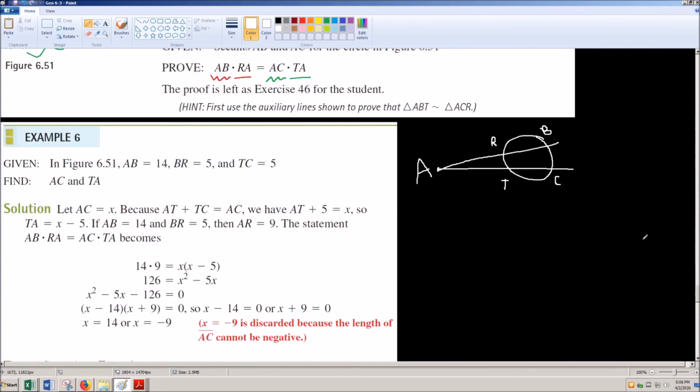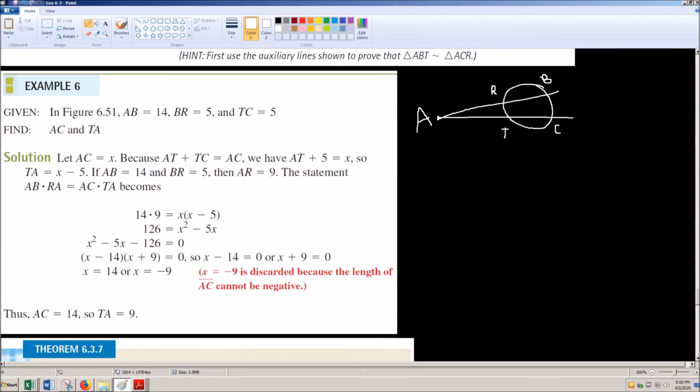Good as new. So looking at this thing here, we're going to fill in the lengths that we know. So the first one I'll talk about is AR. So AR is going to be the thing from here to here. So I'm not told specifically what AR is. Let's look at AB. AB is 14.